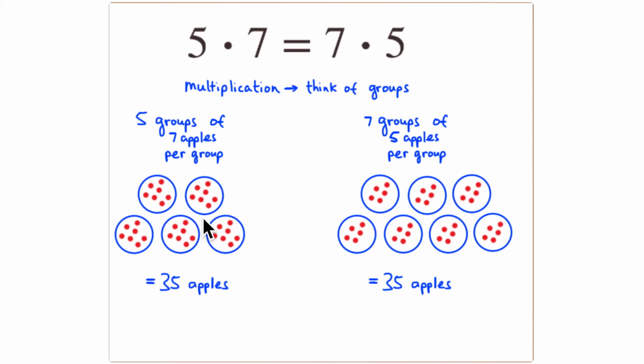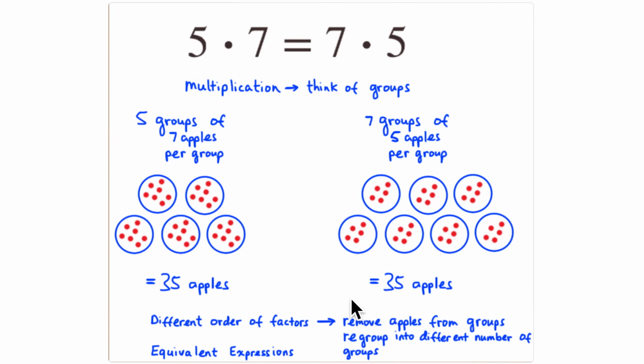If I take all the apples out of the bag, and that's what you do mathematically when you multiply, in effect you're taking all of the apples out of the bag and calculating the total number of apples as 35. But it looks different. This is 5 groups, this is 7 groups, so a different order of factors.